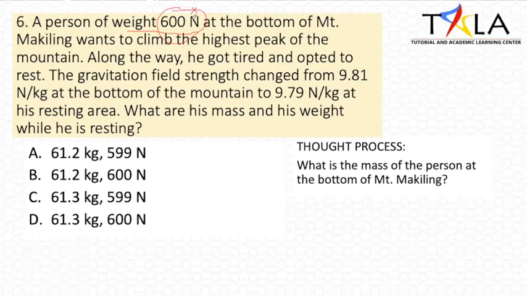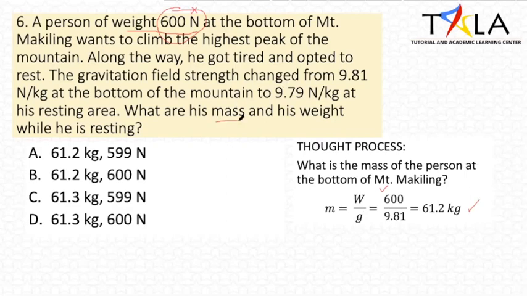Grams, kilograms. Kilograms, correct. So we use kilograms. We can calculate that using mass equals weight of the person divided by the gravitational constant, 600 over 9.81. Right? So the mass of the person is 61.2 kilogram. So dito, nakalculate na natin yung mass.